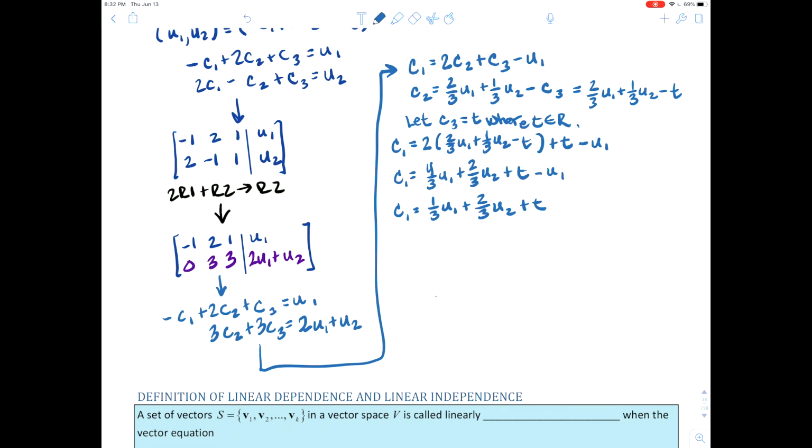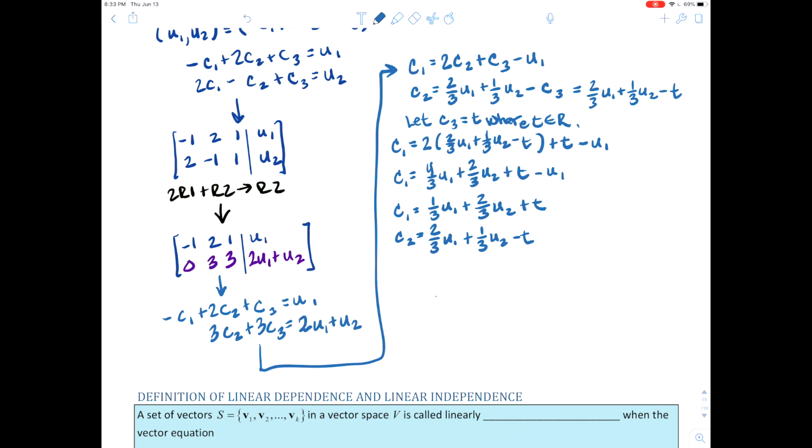Cool so far? And bringing down our c2, we have 2/3 u1 plus 1/3 u2 minus t. So notice that we're able to write c1 and c2 in expressions that have our u1 and u2.